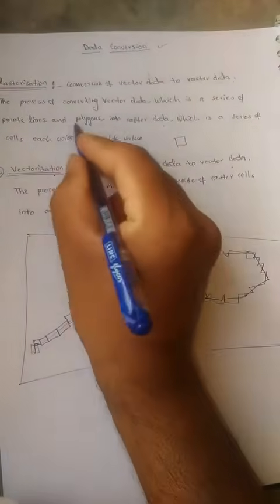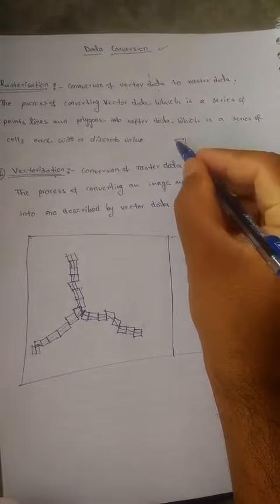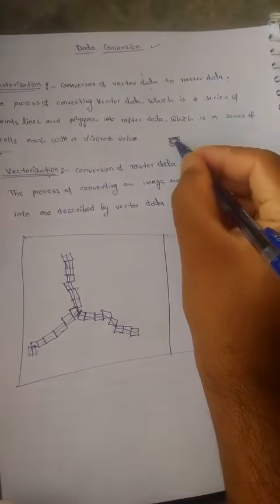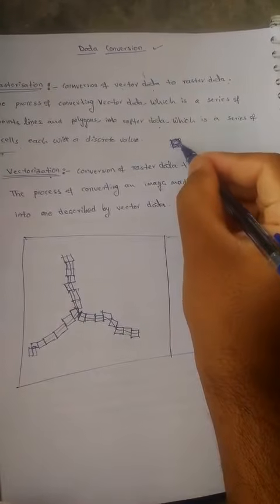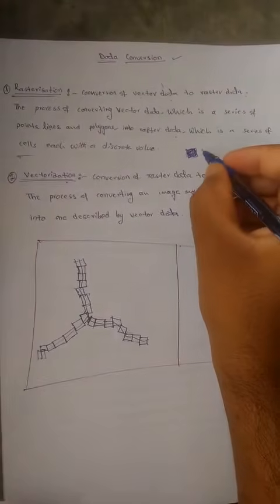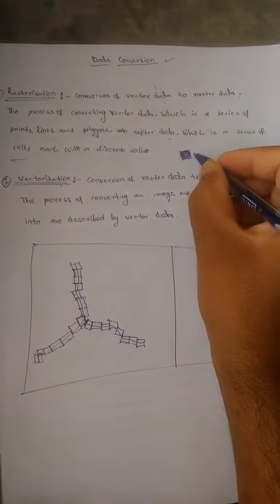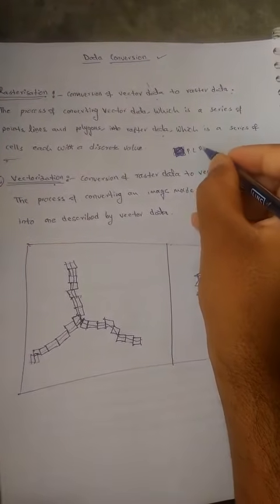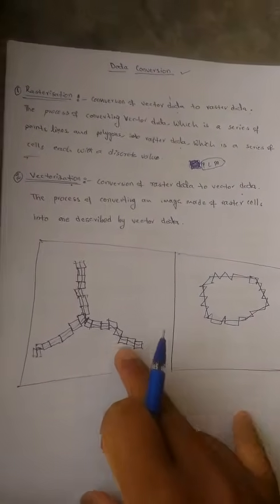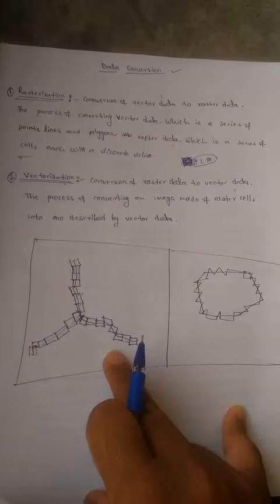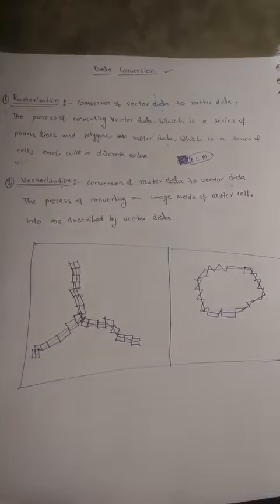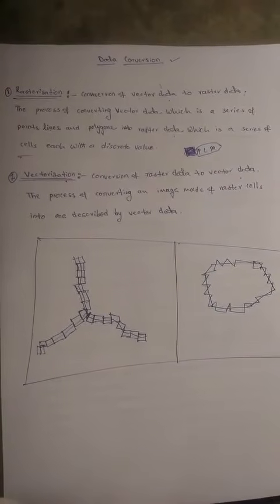These points, lines and polygons are converted into cells, which are rows and columns. Each cell will have some value, which may be a point, a line or a polygon. I have given this data conversion in the previous PDF. Okay, thank you.